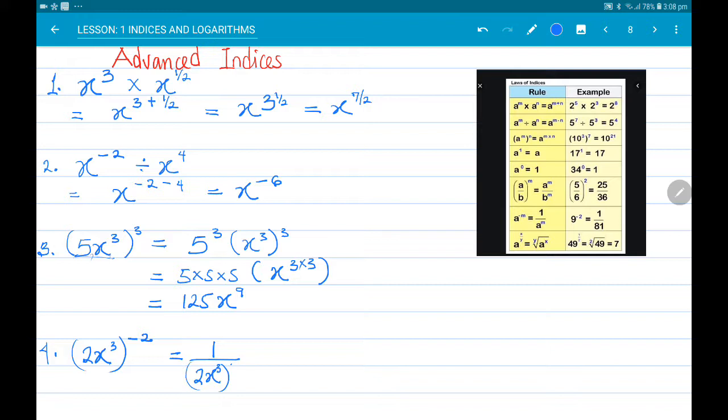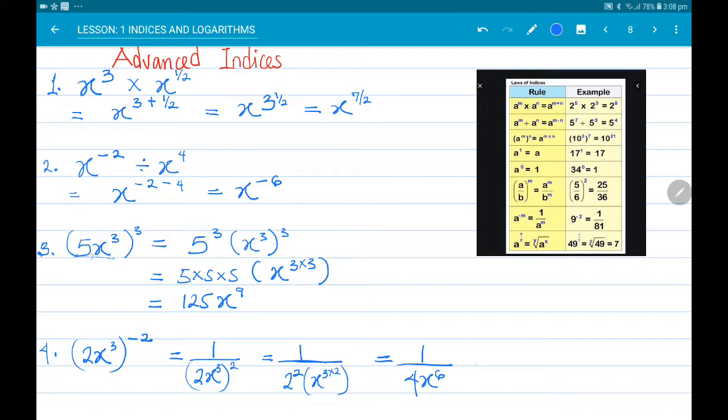Okay, let's look at our example 4. In this scenario, if you have 2x cubed raised to the power of minus 2, what you are going to be having is 1 over 2x cubed, and now this will be raised to the power of 2.